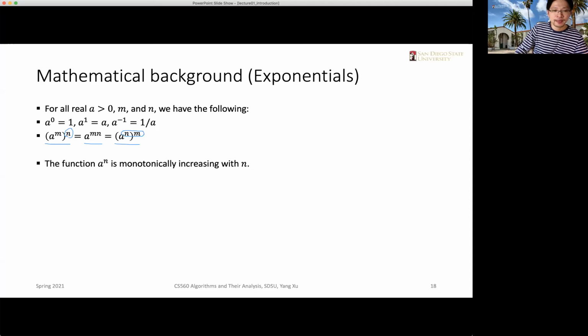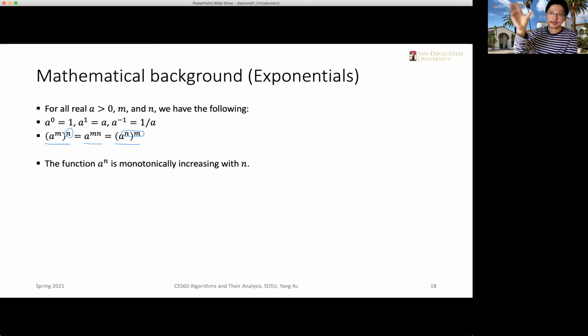It's a property that we will use when we compare several functions that are all monotonically increasing, but the speed at which they increase is different.